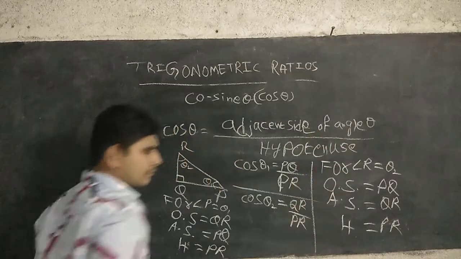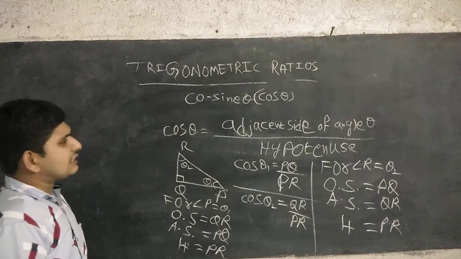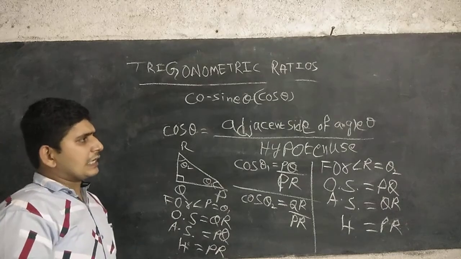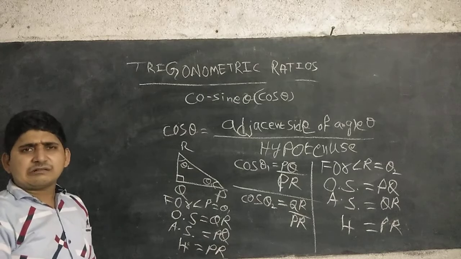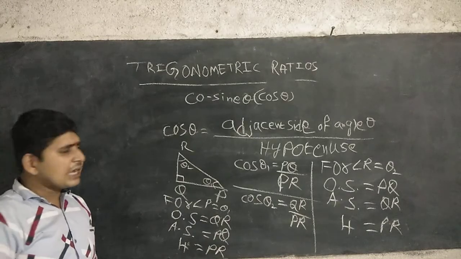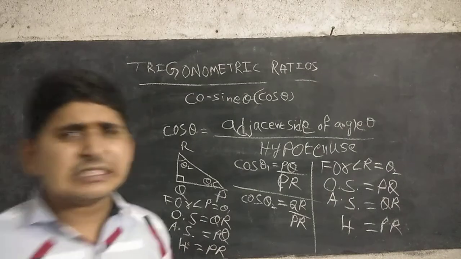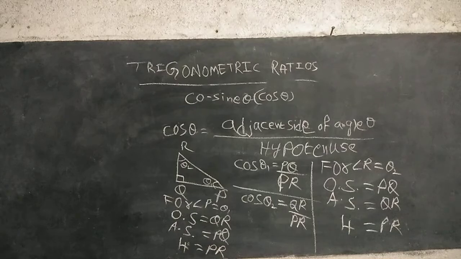What is the definition of cos theta? The ratio of the adjacent side of angle theta to its hypotenuse is known as cosine theta or cos theta. Now, I think you have understood. If you have any doubts, come and ask me.